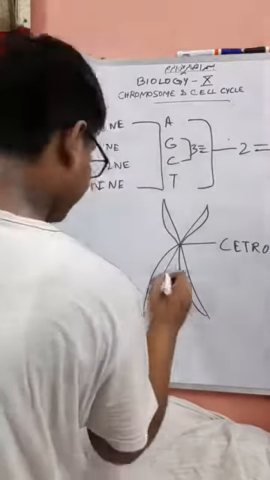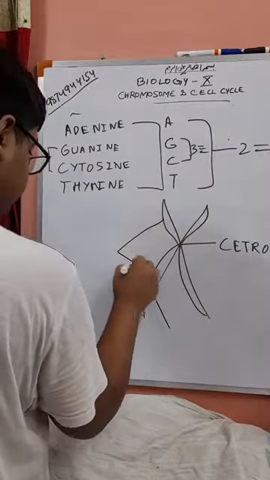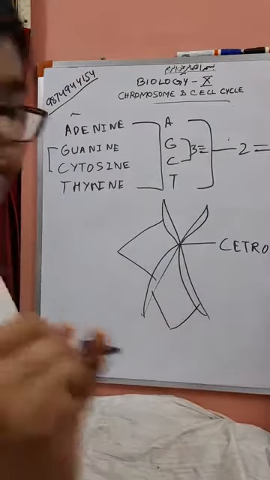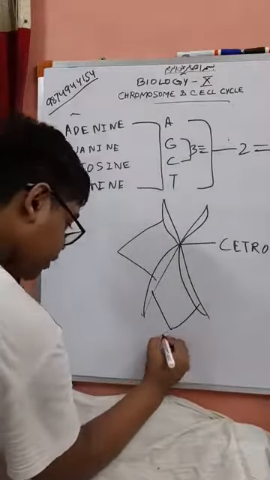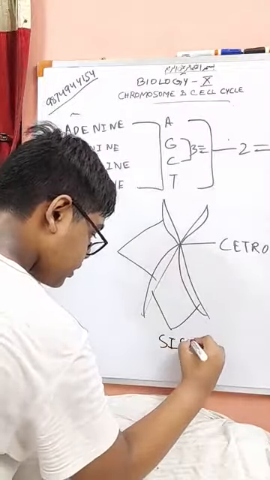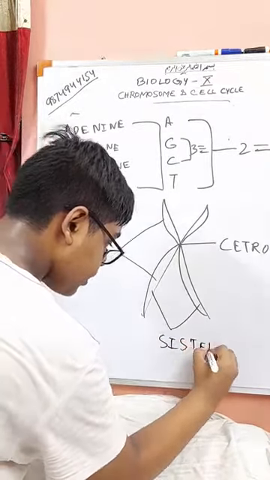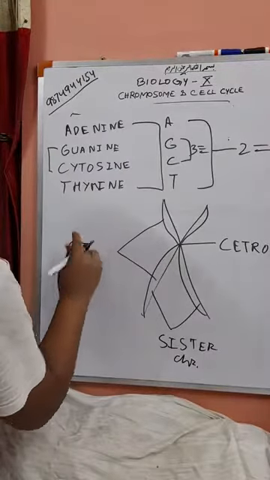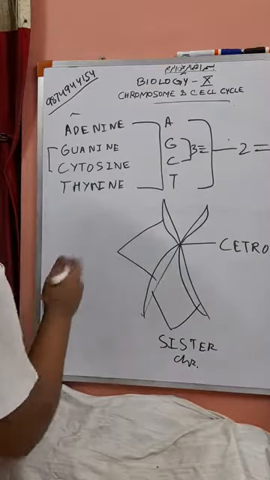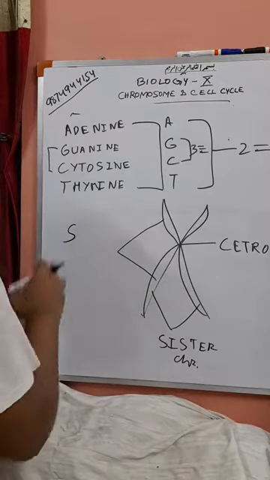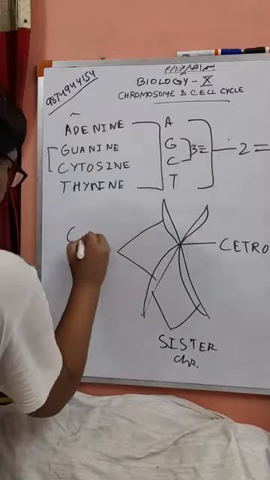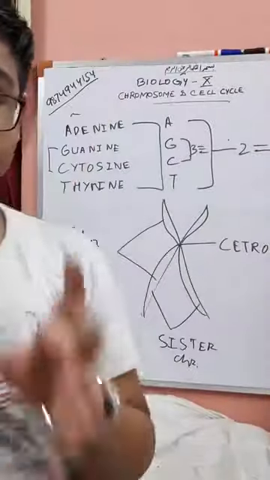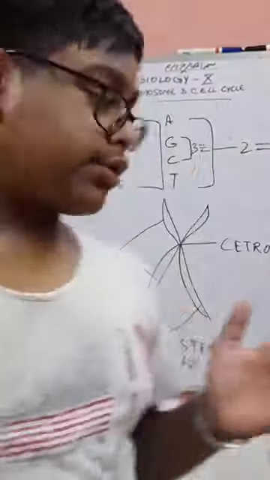And these are the chromatids. These are sister chromatids because they are duplicated ones. I told earlier they are duplicated, therefore they are known as sister chromatids. These are chromatids of the same one, therefore not sister chromatids.